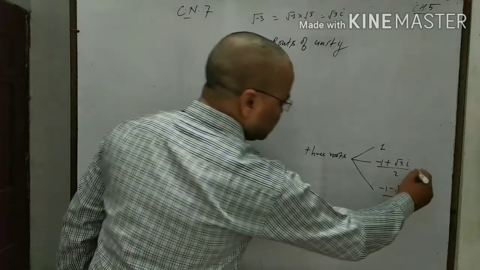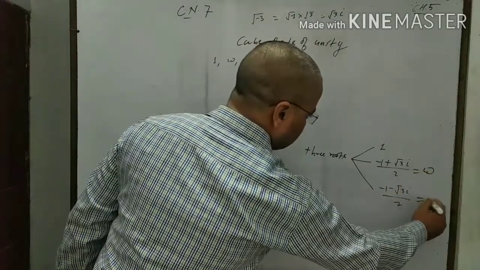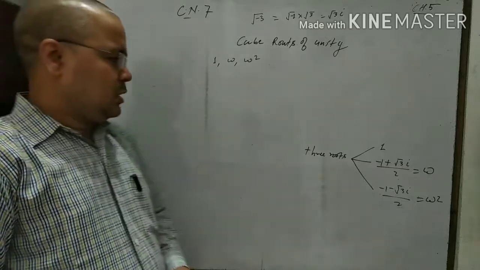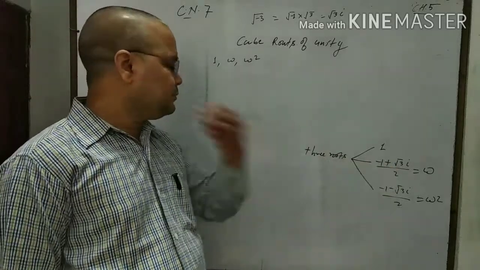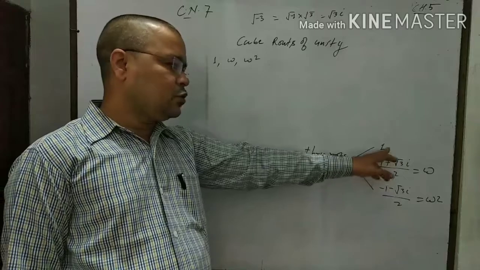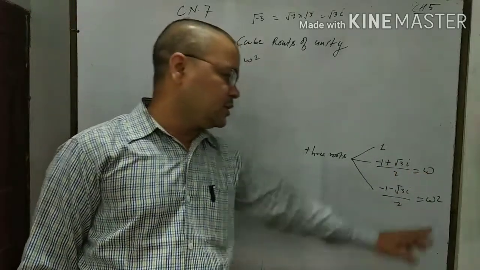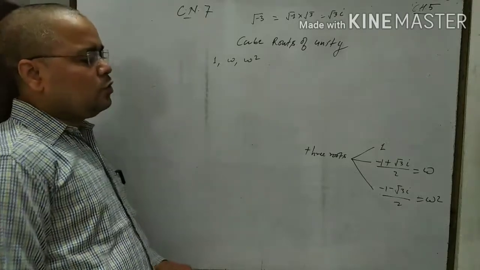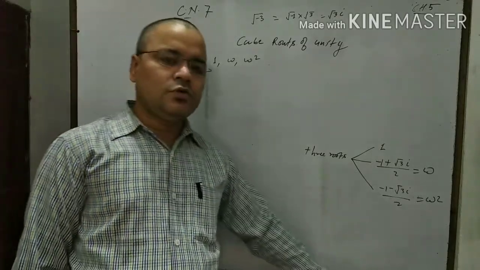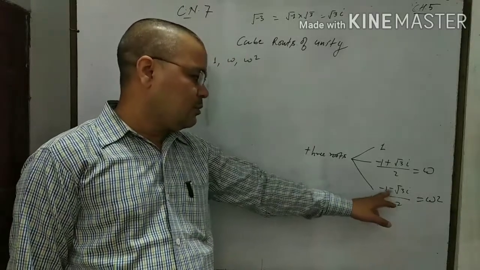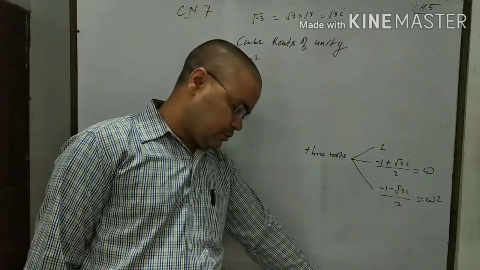Let one of the roots be omega and the other root be omega square, where omega is equal to -1 plus root 3i by 2, and omega square is equal to -1 minus root 3i by 2.